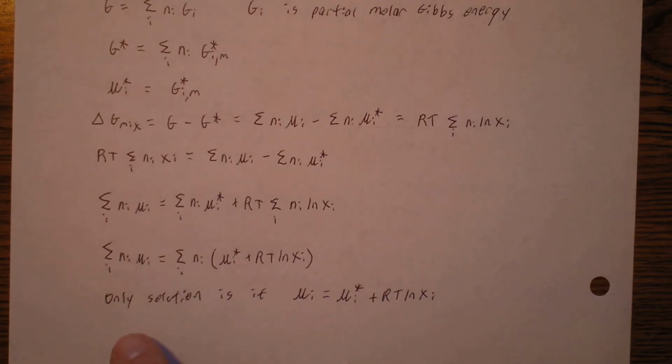So the only solution to this problem is if the chemical potential of substance i is equal to the chemical potential of substance i unmixed plus RT natural log of the mole fraction of substance i.